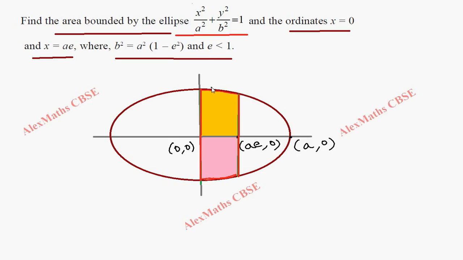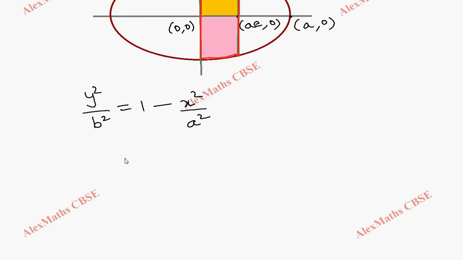And we have to write the value of y here. So if you simplify, that is y square by b square equal to 1 minus x square by a square, taking the first term to the other side, and taking LCM, the LCM is a square, this is a square minus x square, so we get y square by b square.